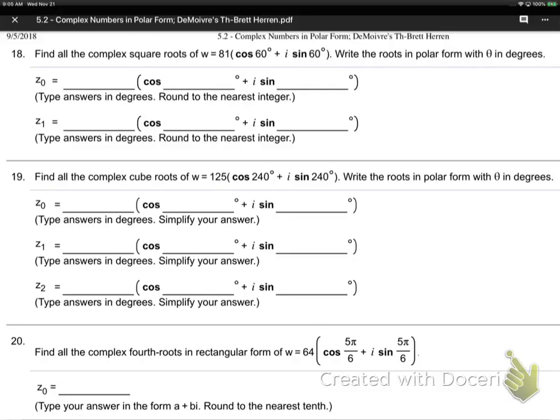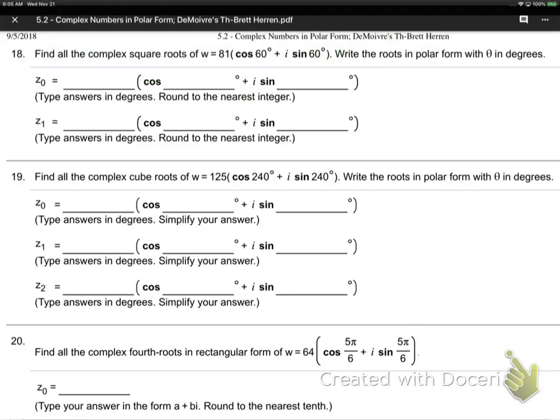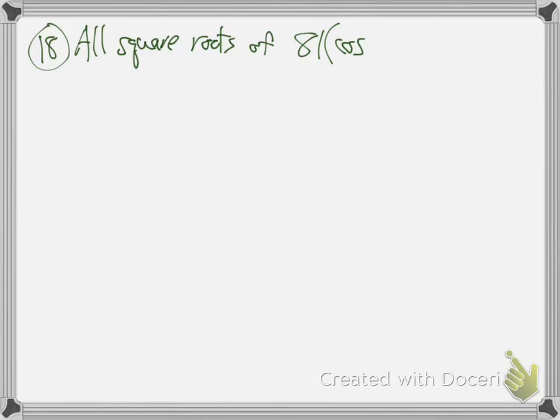All right, let's do the actual first question here. Number 18 is saying, find all complex square roots of 81 cosine, and the angle is 60 degrees.